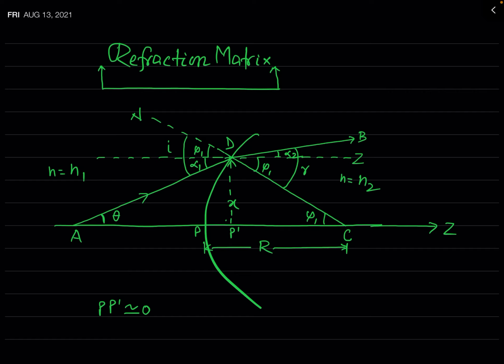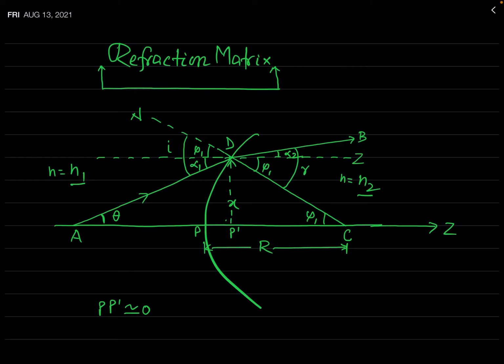So in one sentence you can say that we are considering that our incident ray AD is a paraxial ray. And this spherical surface, you can see in this figure, separates two homogeneous media with refractive indices N1 and N2.